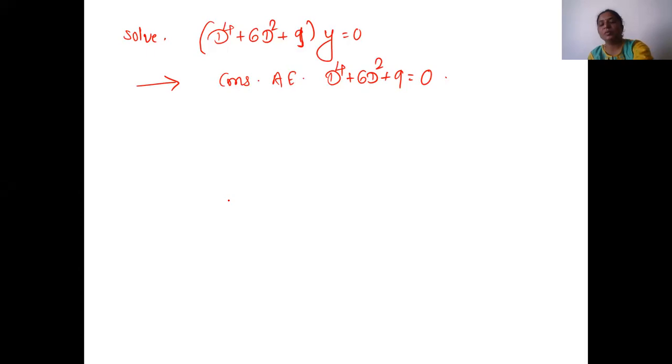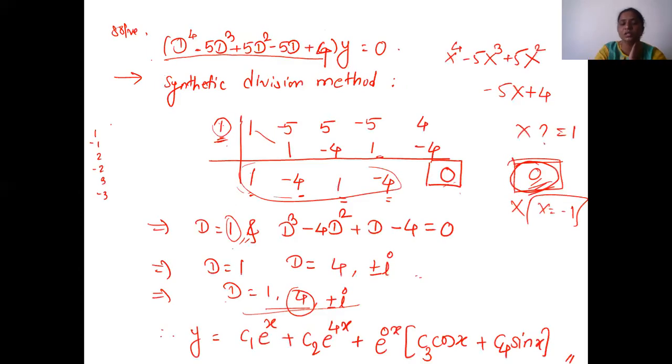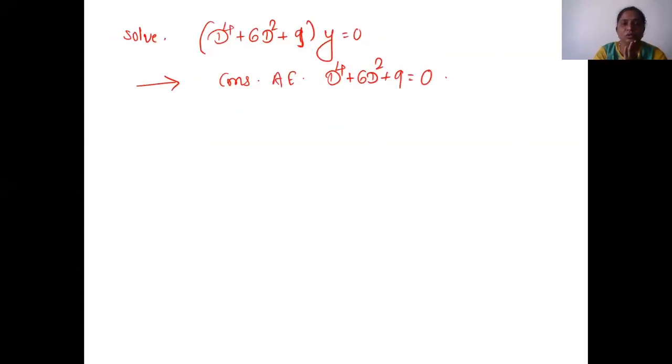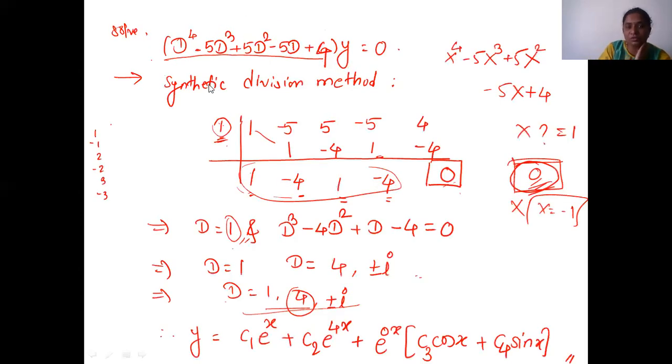Now you'll ask me, madam, when to use synthetic division, when to substitute. Please pay attention: synthetic division we use where we cannot use substitution. Like if we use d square is s here, what will be the problem?